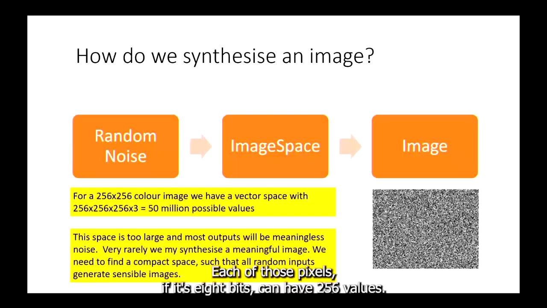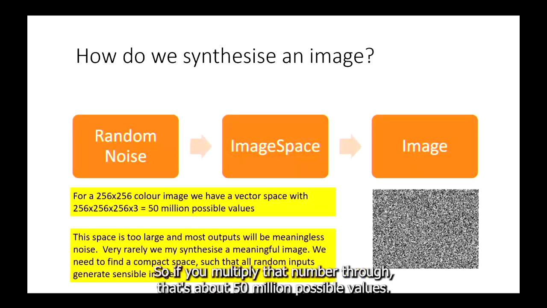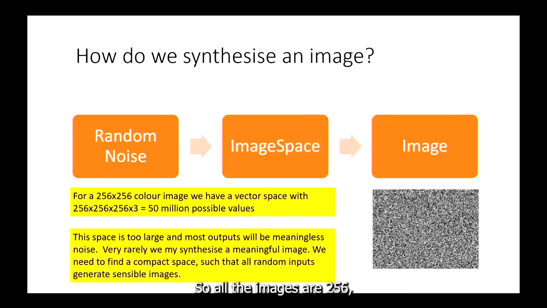Each of those pixels, if it's 8 bits, can have 256 values. And if it's color, you've got RGB, so you've got 3 of them. If you multiply that number through, that's a huge number of possible values. So all the 256 by 256 images are somehow in that space.